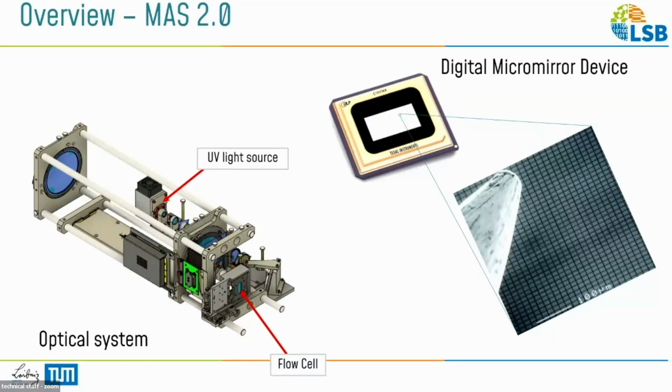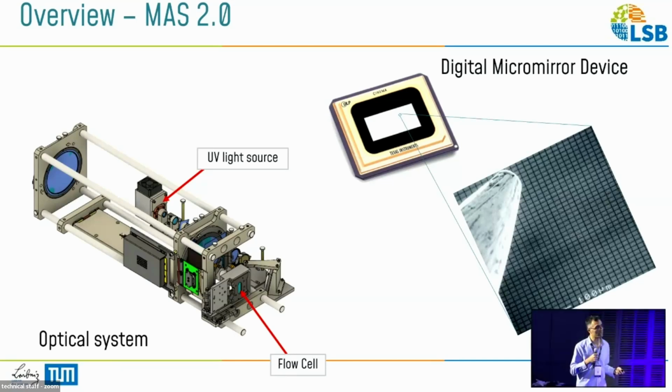And the UV light can go through a few lenses and a few mirrors until it can project an image onto this flow cell, where our glass slide will be placed, and the synthesis will occur here.